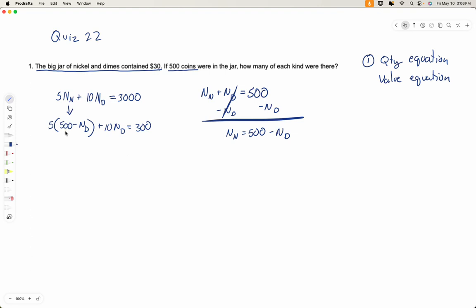Now I'm going to do the distribution. 5 times 500 is 2,500. 5 times negative the number of dimes is -5 number of dimes, plus 10 number of dimes equals 3,000. Now I'm going to subtract 2,500 from both sides and combine these.